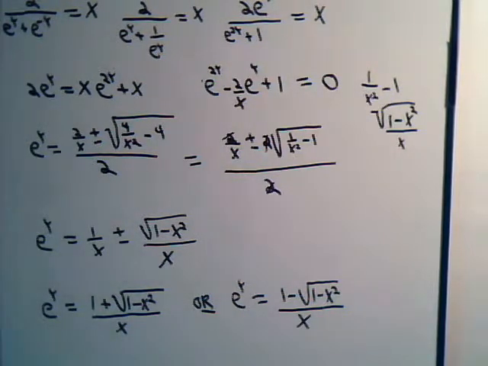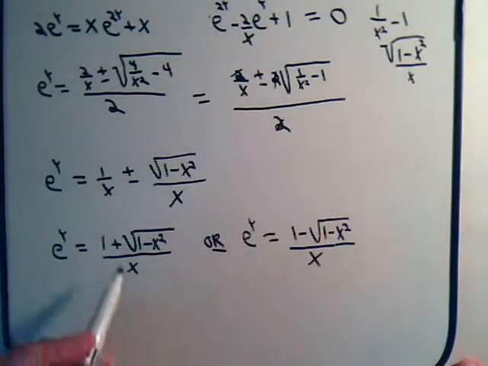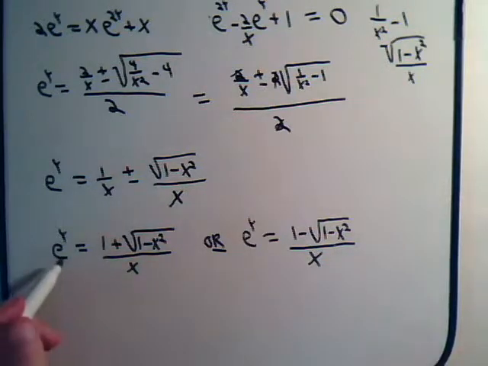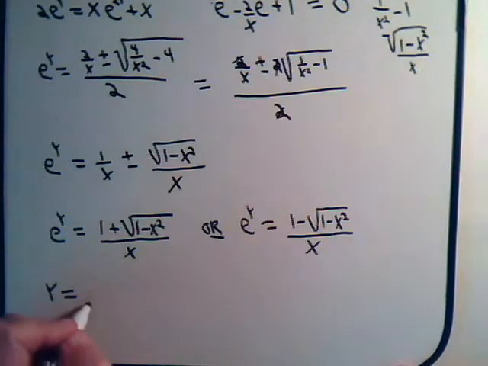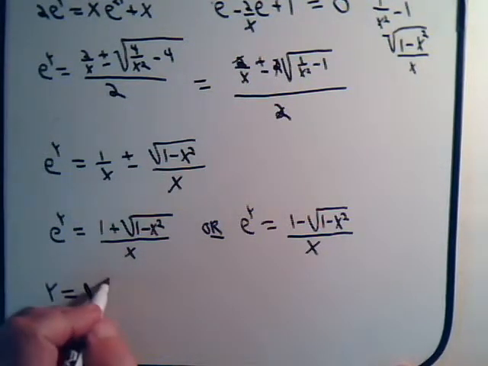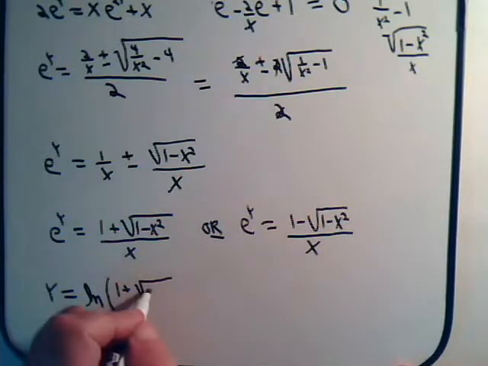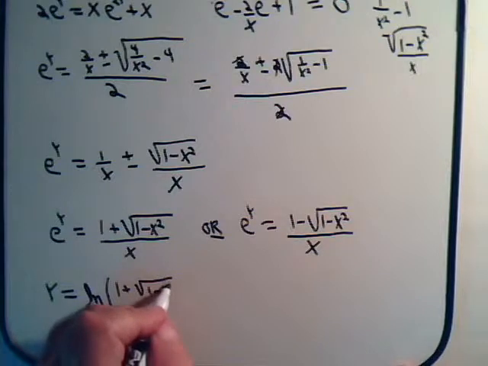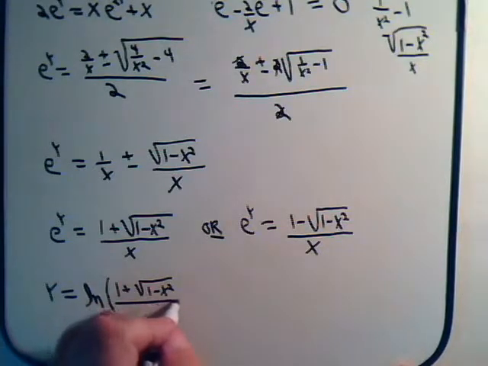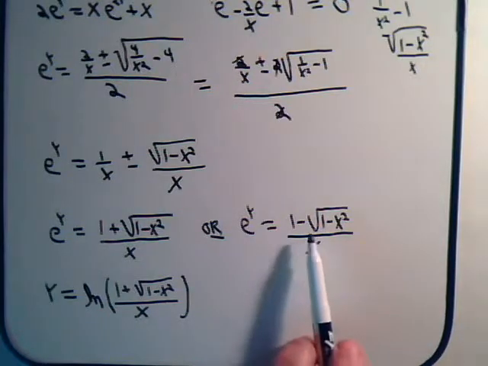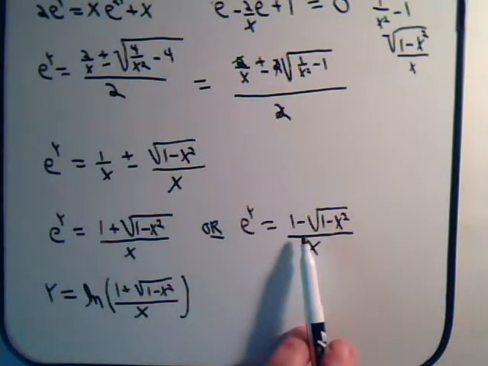So if we take the natural log of both sides for both equations, then we're going to have that y equals the natural log of 1 plus the square root of 1 minus x squared divided by x. And here we'll have the same thing, except we'll have minus.